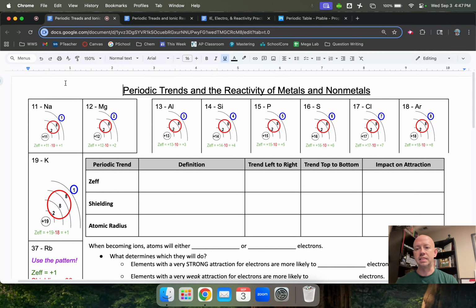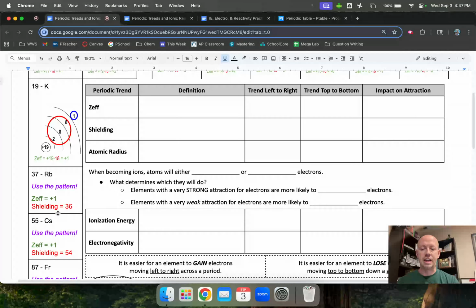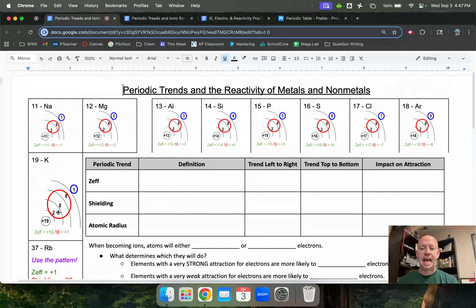But if we looked at lithium down to sodium, here to potassium, and even further down this column, we would see that we're adding more levels, we're adding more inner electrons, we're adding more sublevels, but we end up with the same Zeff, or that same leftover charge on our valence electrons.